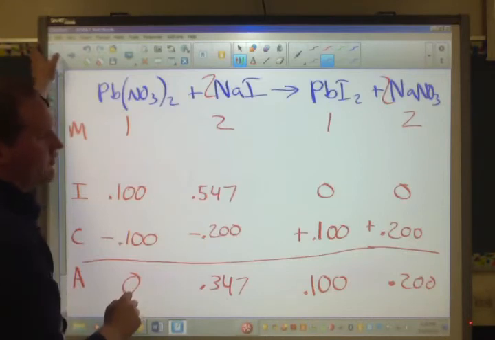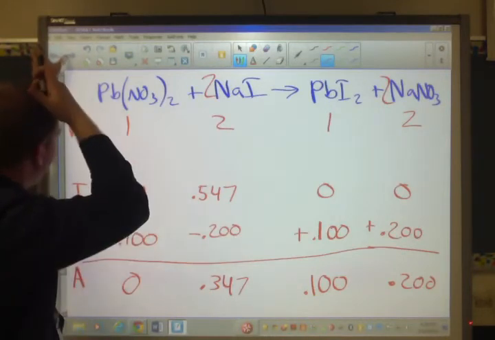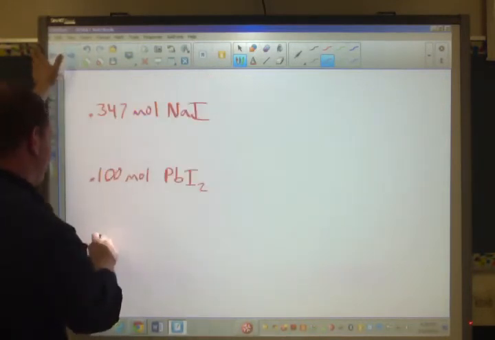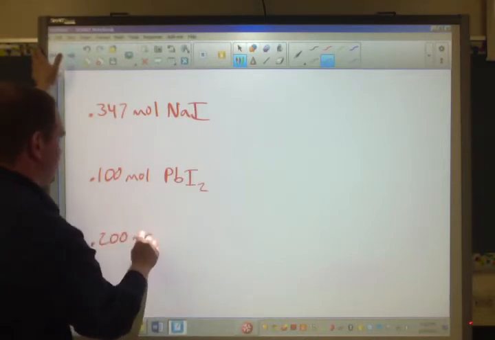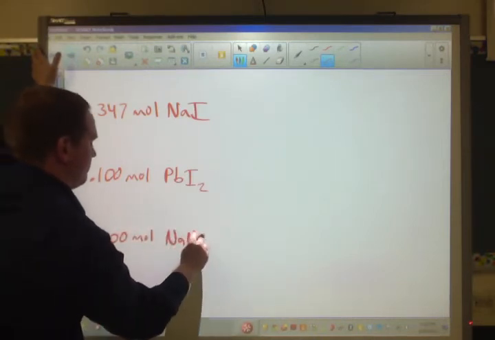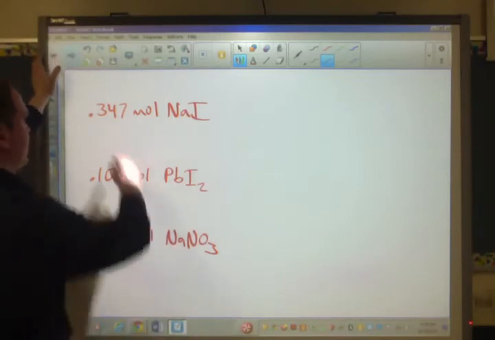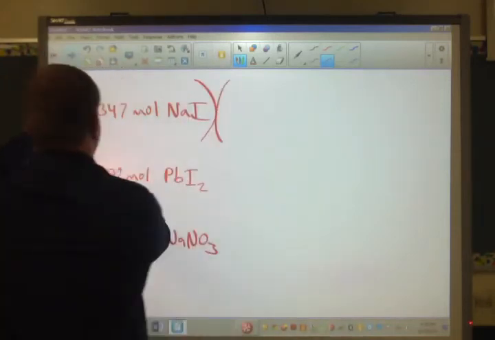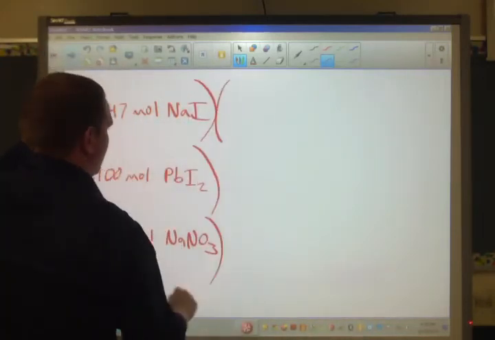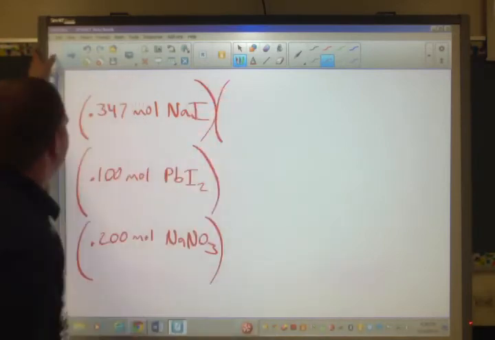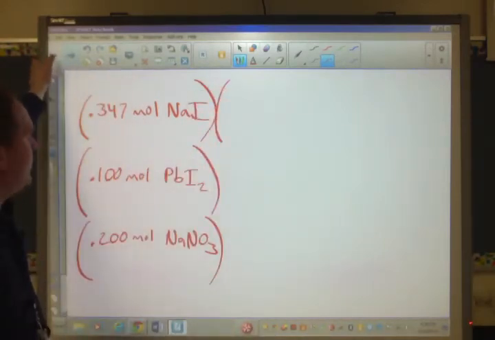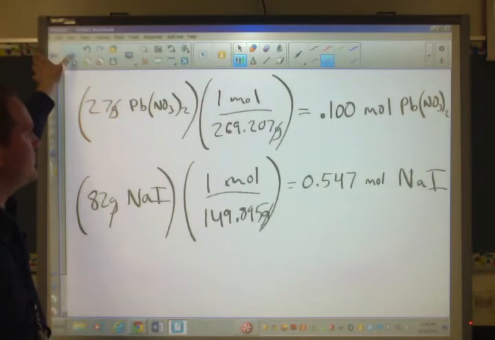And what else did I have? 0.200 moles of NaNO3. Converting all these into grams. So I need grams on the top. Now I should have these saved somewhere in terms of molar masses.